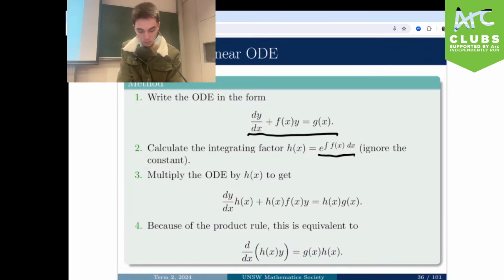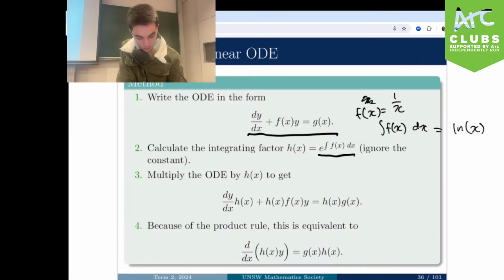So say, for instance, if f of x was 1 on x, right? If f of x would equal 1 on x, then the integral of f of x dx we would set as the natural log of x, right?